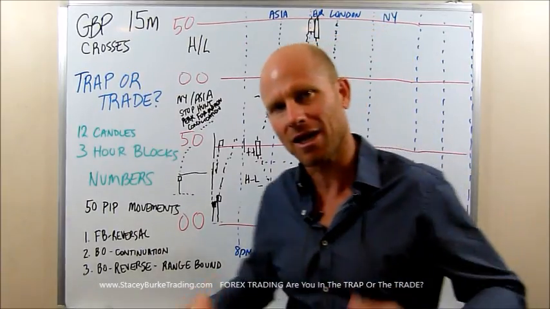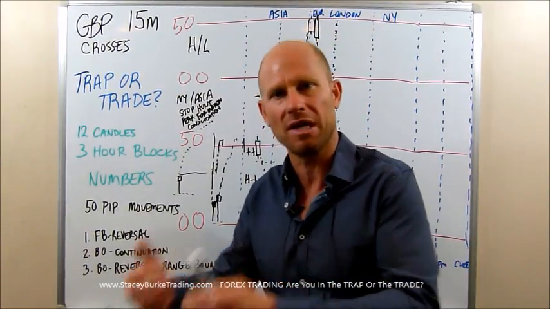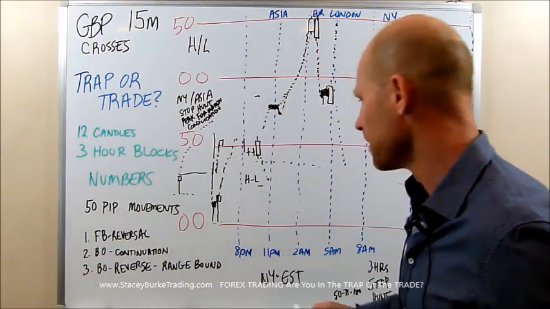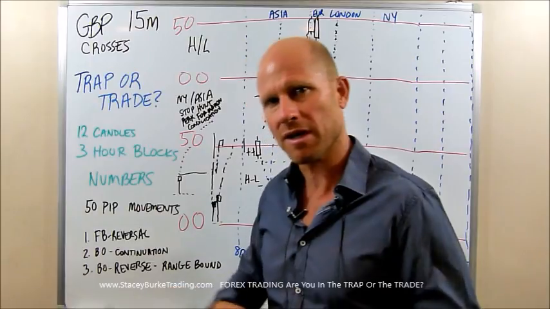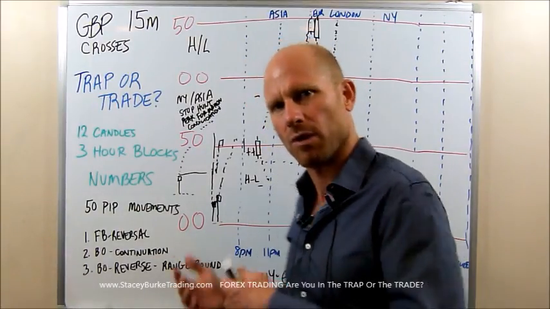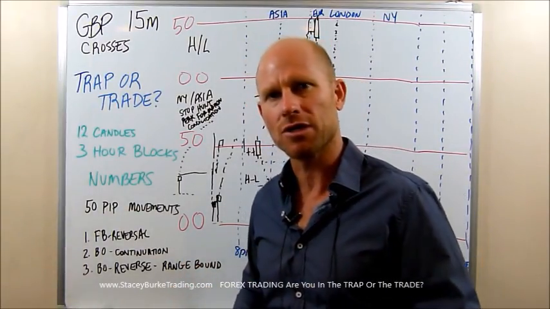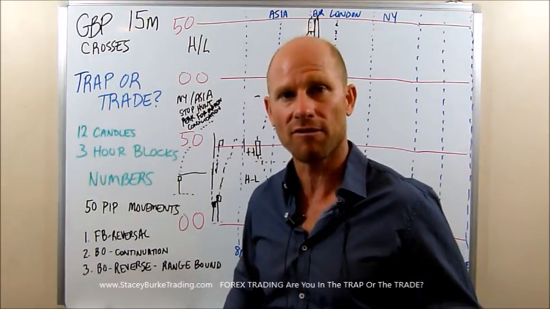We let the market tell us what it's going to do, and we look to piggyback on the smart money. So then, again, if there's been 50 pips of movement and the market goes sideways, what time is it? How long has it been in consolidation? Is it a continuation or is it a reversal?